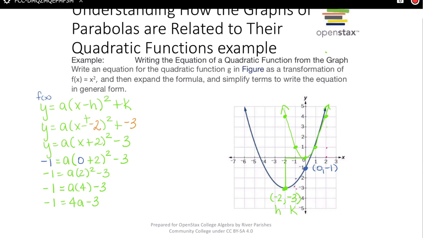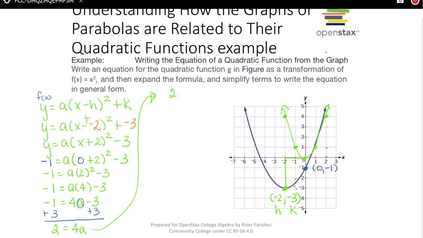And I want to solve for my a. So I'm going to add 3 to both sides. And I'm going to get negative 1 plus 3 is 2 equals 4a. I've run out of space, so I'm going to come up here.